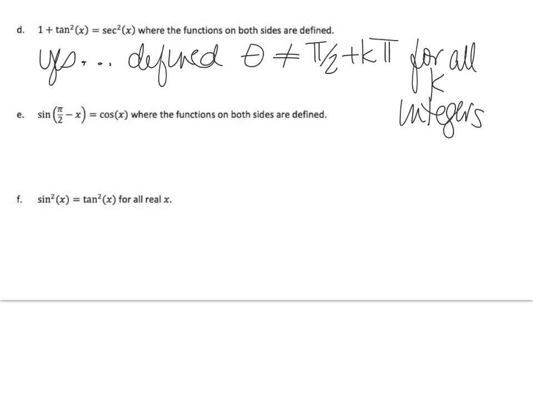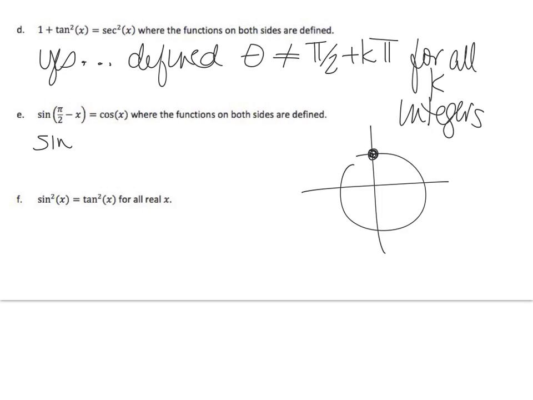Very cool. Next one, sine of pi over 2 minus x equals cosine x, where the functions are both defined. This does work. If we look at the unit circle, sine of pi over 2 minus x and cosine of x bring us to the same point, so it works for any value.